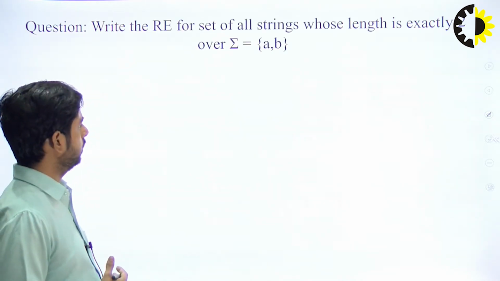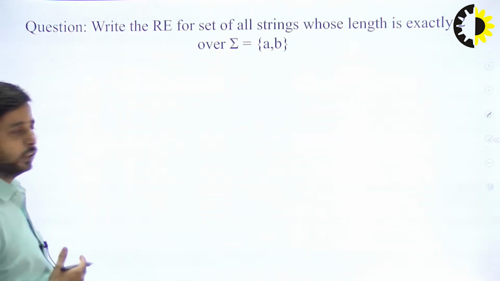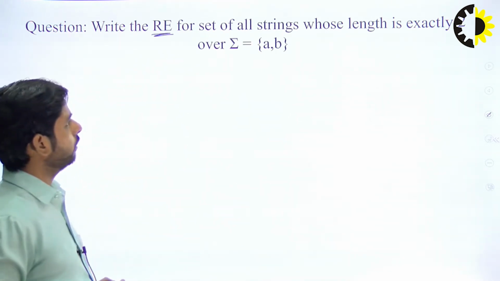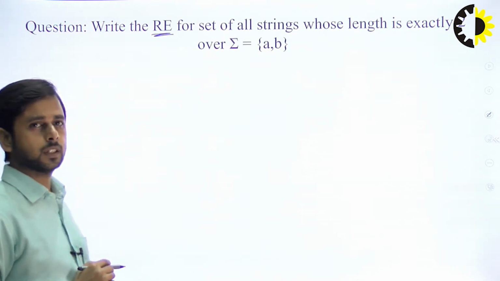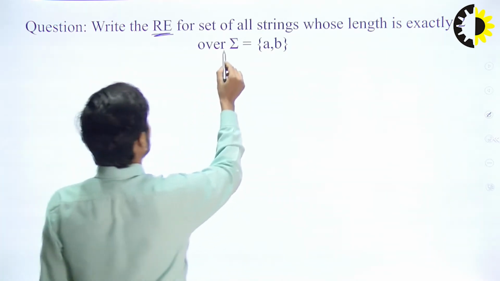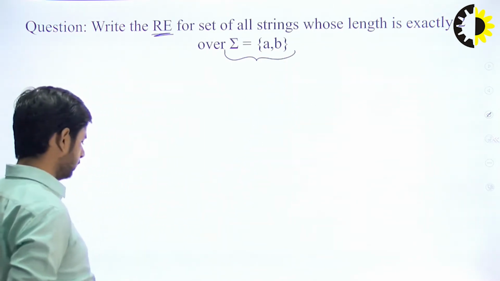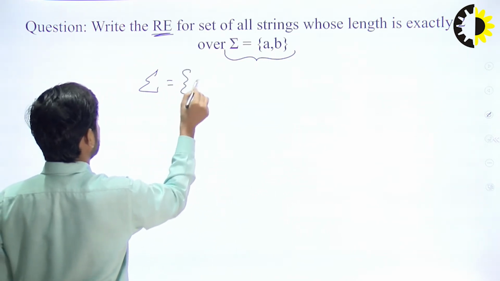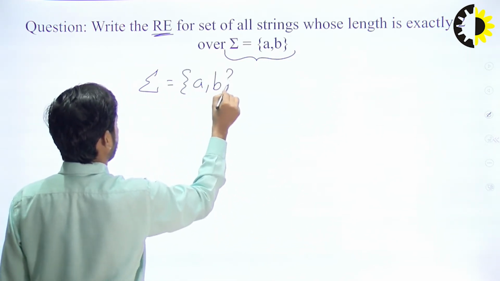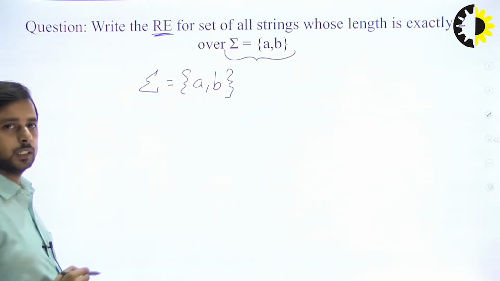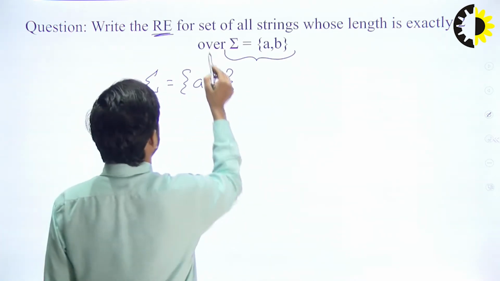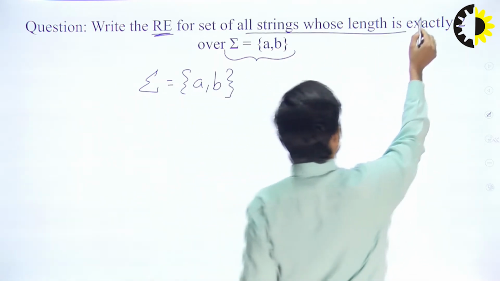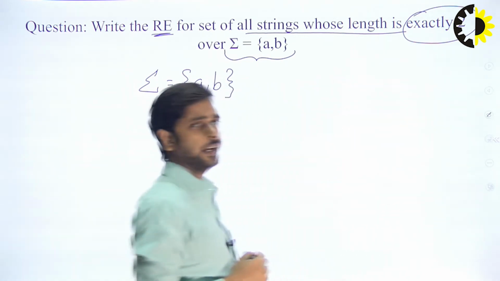Next is an example. The question is: write the regular expression R for the set of all strings whose length is exactly 2 over sigma equal to A comma B. Here the input alphabet is A and B, and the language is all strings whose length is exactly 2.